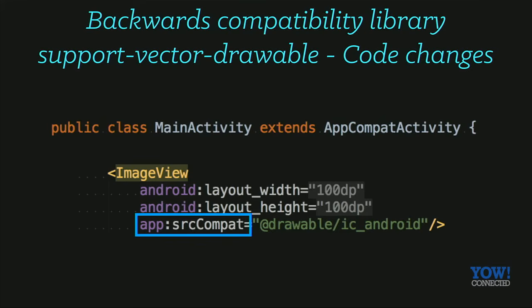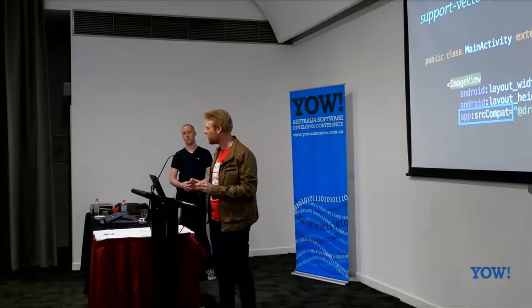Great, right? Well, almost. Displaying vector drawables inside image views is a lot of what we want to do as developers, right? We've got an image, we want to put it inside an image view, yeah? But there are a couple of other places out there where we might like to use vector drawables, and these are not supported out of the box by the AppCompat library.